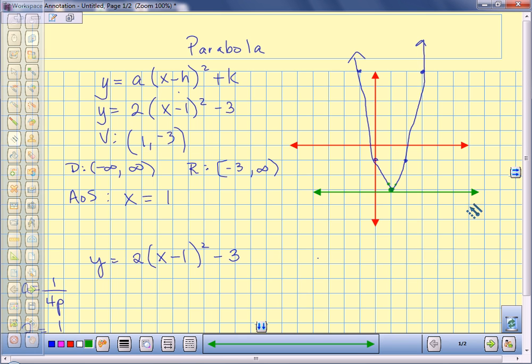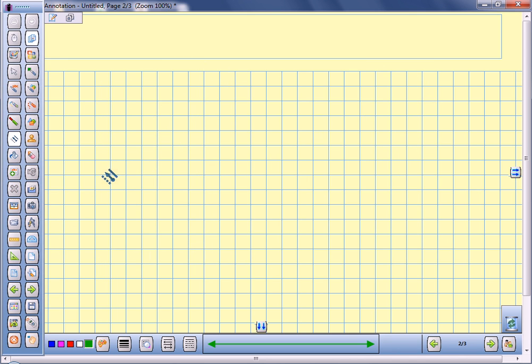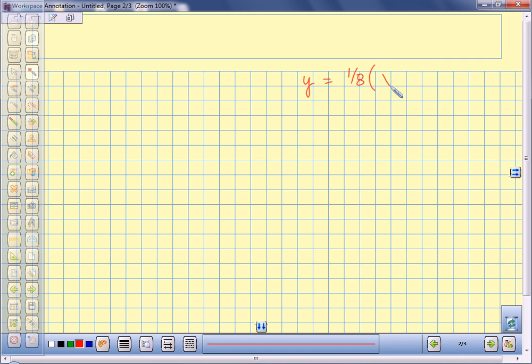All right, let's look at another one in context. This time I'm going to give you the equation y equals 1/8 (x plus 2) squared plus 1.